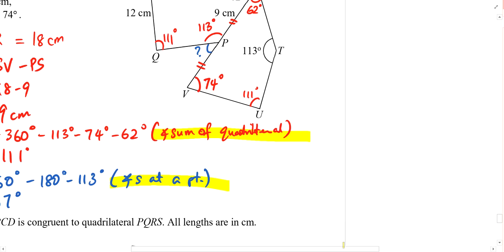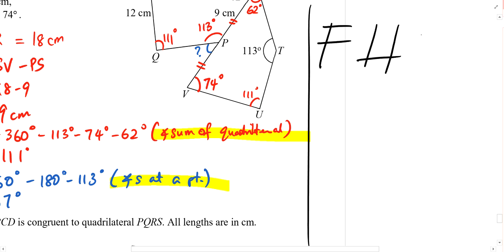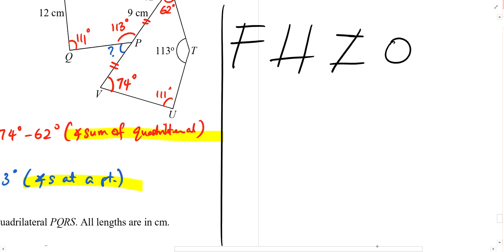Then let me do a recap at the side. F, U, what's the next one? Z. Okay, so what do we learn from this? These are parallel lines.